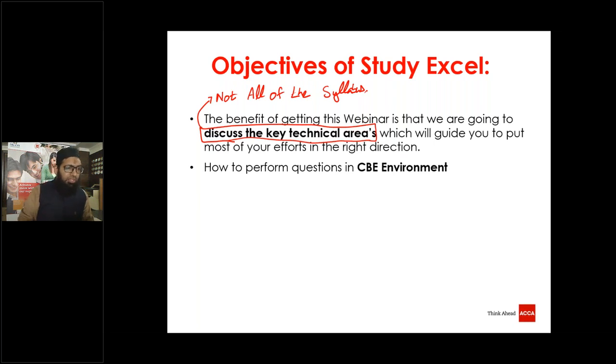My major emphasis will be on how to perform questions in the CBE environment, because I hope the majority of students are now giving their F5 exams in CBE. At least as far as Pakistan is concerned, giving the F5 exam in CBE is now compulsory.